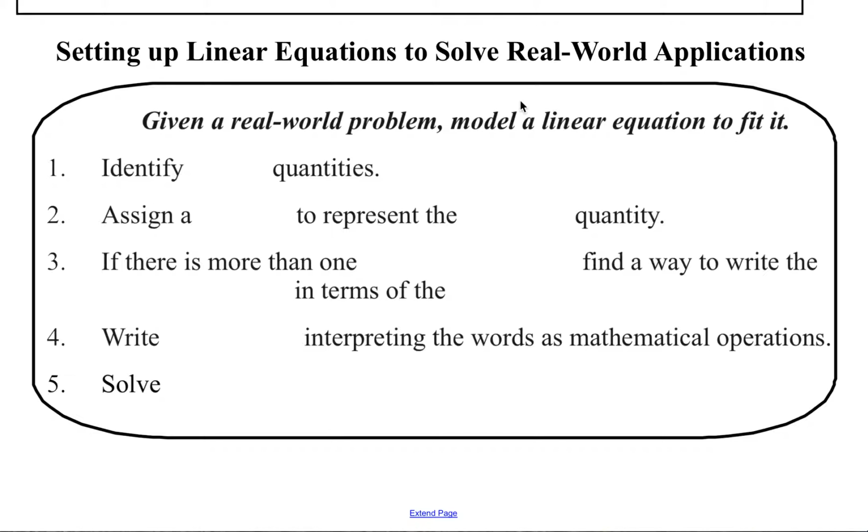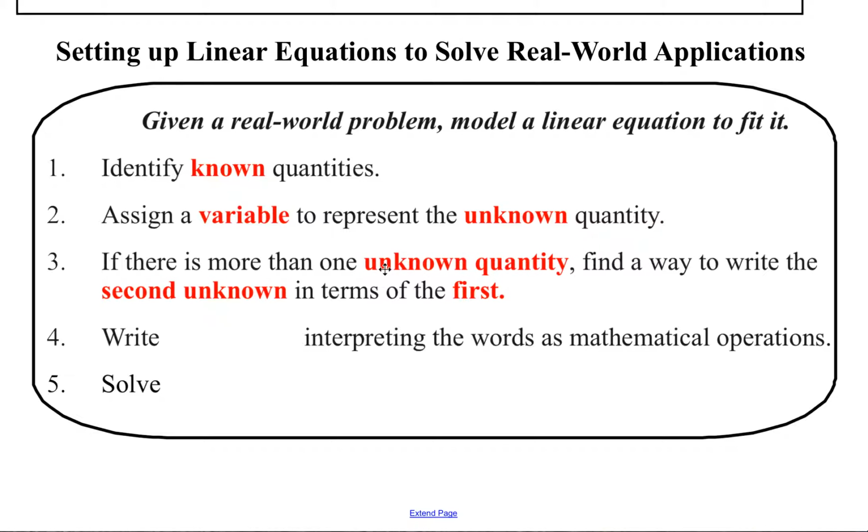So here's just a 5-step general way of solving these real-world problems and coming up with a linear model that fits it. So the first thing you want to do is to identify any quantities that you know. You will assign a variable to represent an unknown quantity or any unknown quantities.